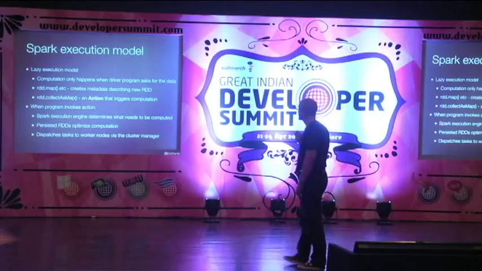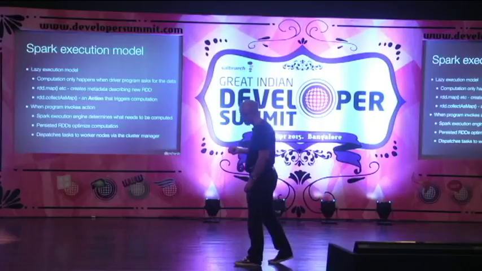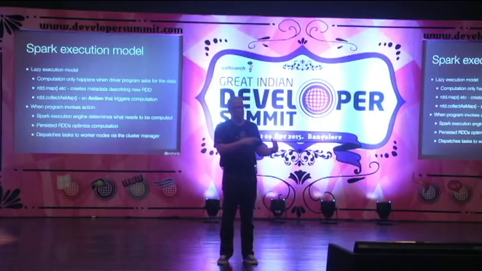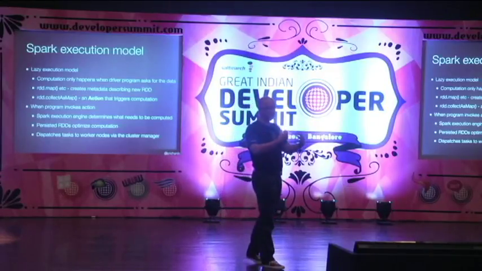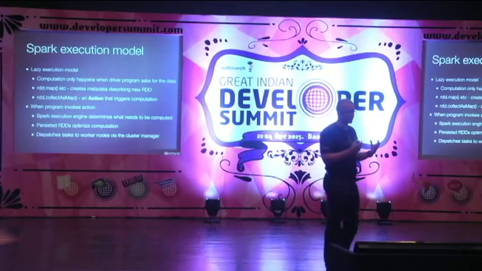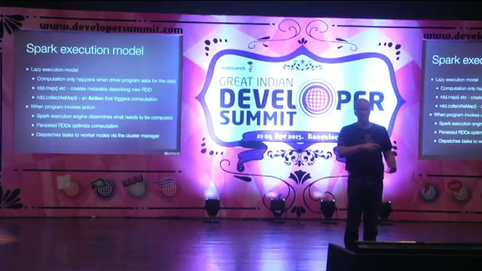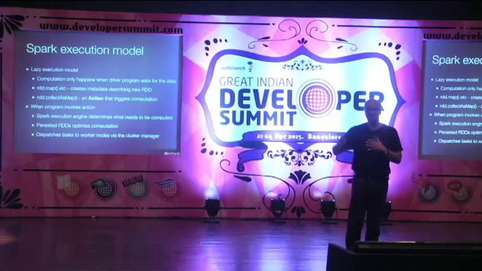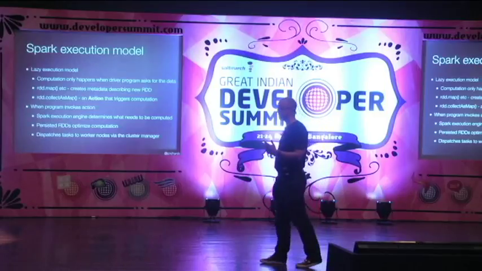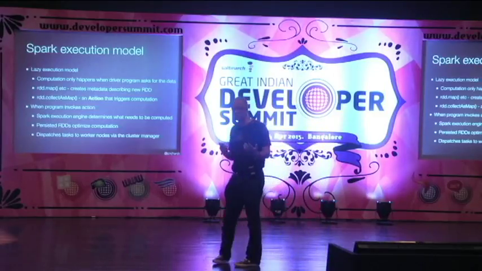A little bit about the execution model. The actual computation is done lazily. When you call textFile to load this file, it does not load the file at that point. It's basically just creating metadata to say, here's an RDD that corresponds to this file. And when you invoke methods that do transformations on RDDs, it doesn't actually do the work either.